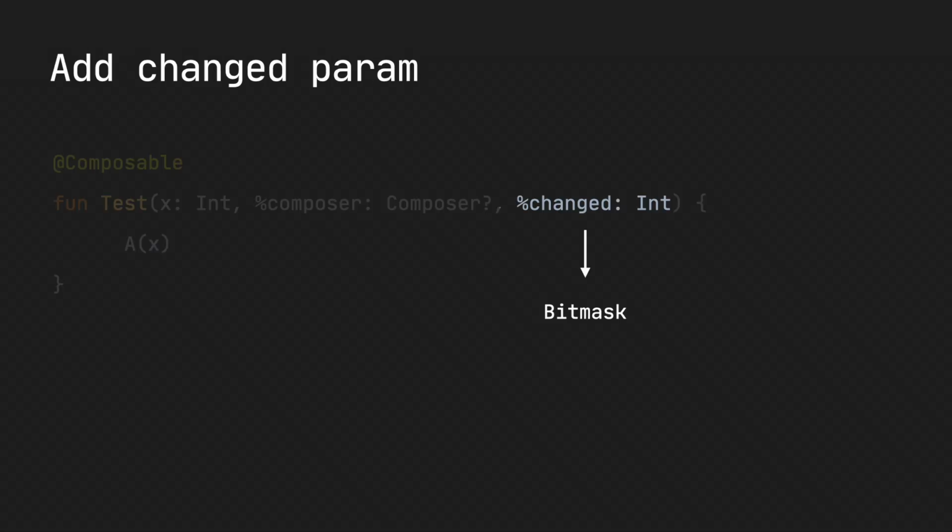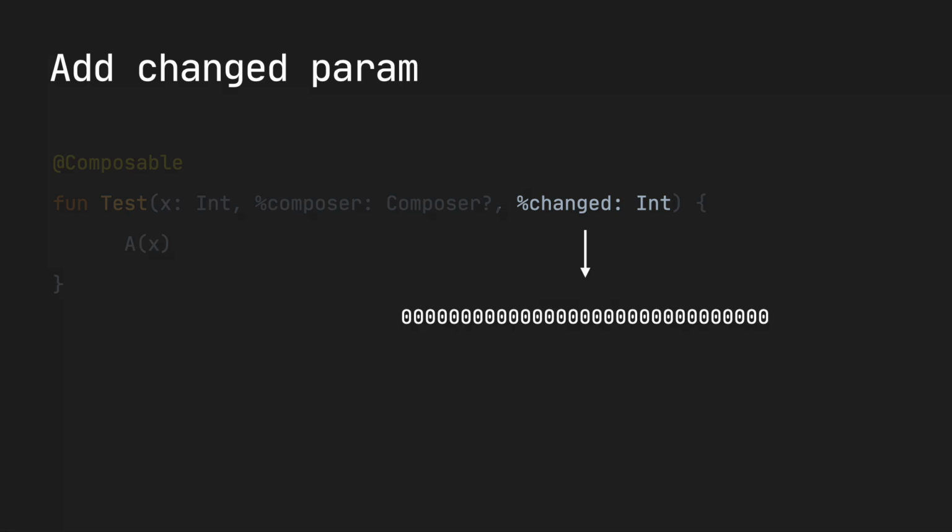The changed value is the bit mask, and it's a 32-bit bit mask. The last bit in this bit mask allows you to force recomposition of this method. And the other bits are used to store information on whether a parameter changed or not for each variable.